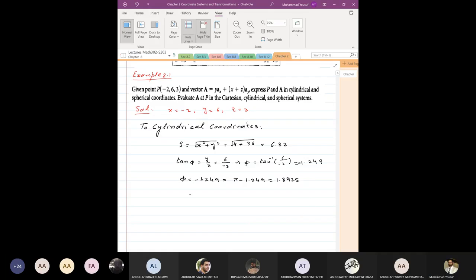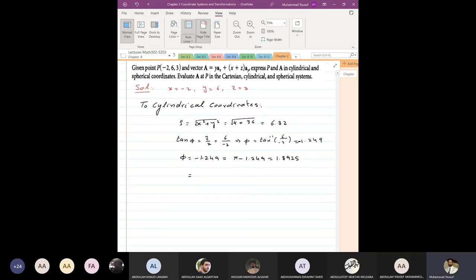Okay. Either you change your calculator mode into degrees, or if it is in radian, then we will multiply this by 180 and divide by pi.